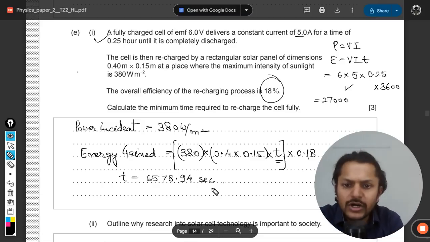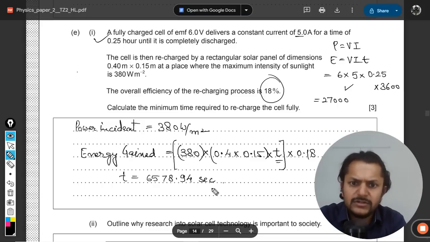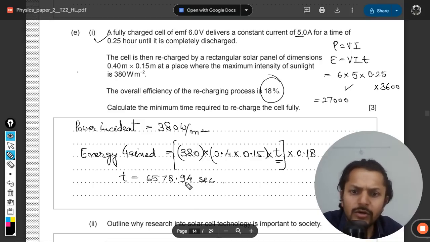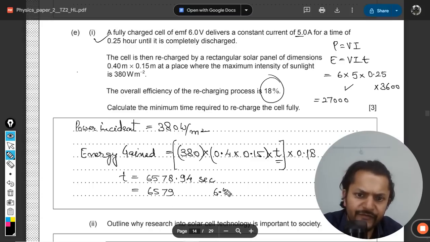But we want to give the answer in two significant figures. So it can be written as 6579. So it will be 6.5 into 10 raised to power 3 seconds. So this will be our answer.